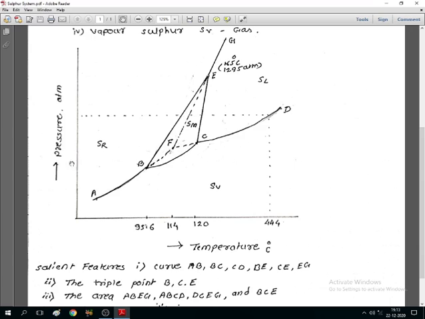It shows that with increase in vapor pressure this fusion point also increases. That's why it inclines away from the pressure axis. Phases 2, component 1, degree of freedom is 1. Therefore the system along this curve EF is a monovariant system. Clear?